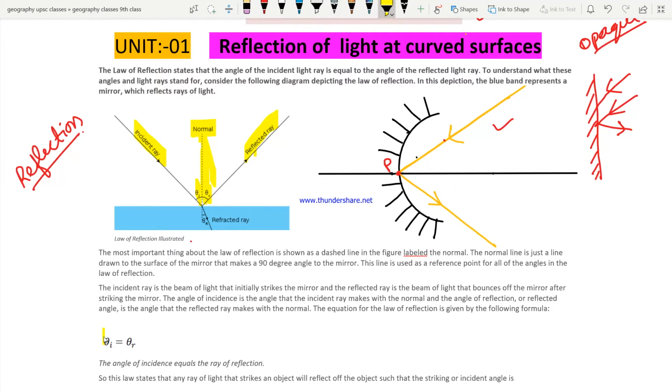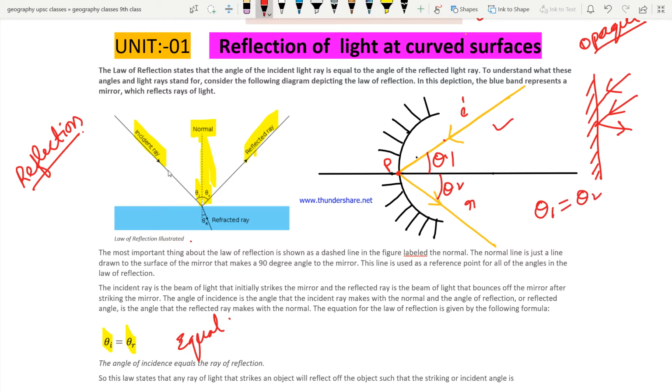The incident angle and the reflected angle are both the same, equal. Similarly here, this is an incident light ray, this is a reflected light ray. If it makes theta 1 here, it will make theta 2 here. That means according to the first law of reflection, theta 1 equals theta 2.